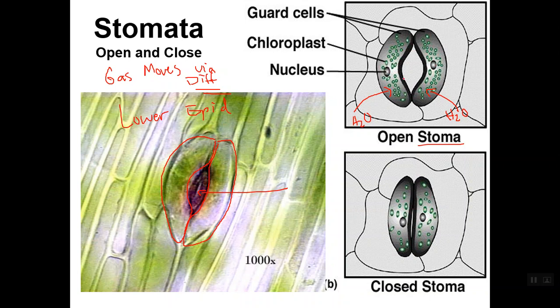That's why this black line is thicker here in the middle. So the cell expands a little bit. It becomes turgid. Remember, we talked about that last time. But it doesn't expand evenly because the cell wall thickness is a little bit different, and that's what causes this thing to buckle.